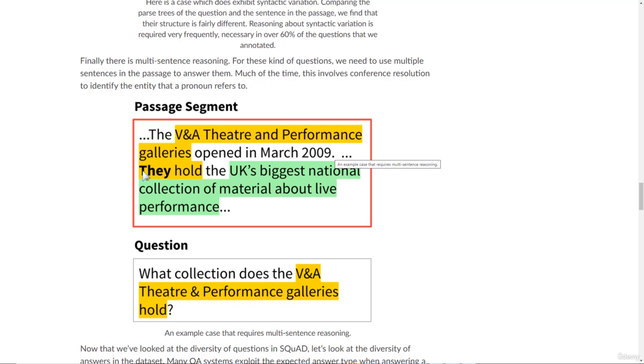And then after, we have, they hold the UK's biggest national collection of material about live performance. So we have this initial text, and then some other text in between which could even be longer. And the question poses, what collection does the V&A Theater and Performance Galleries hold? The right answer here should be the UK's biggest national collection.